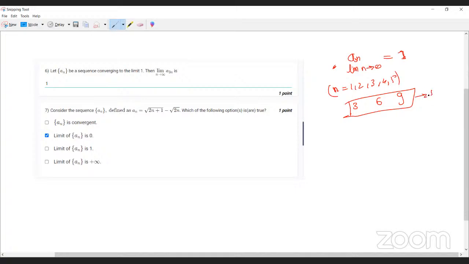For n equal to 1, we get 3; n equal to 2, we get 6; n equal to 3, we get 9. Don't consider this as a function. It is converging to 1.